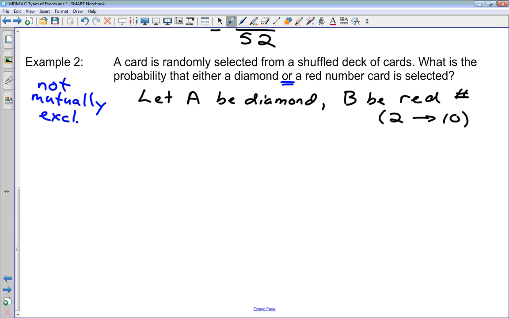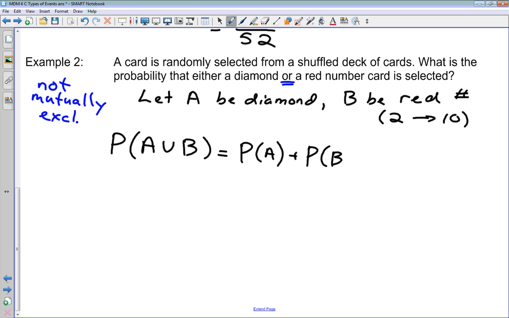So our probability that we're interested in is the probability of A or B. So A union B is going to be probability of A plus the probability of B minus the probability of A and B. Okay? So we want to take out those ones that are included in both sets. Otherwise, we end up counting them twice when we do our probability.